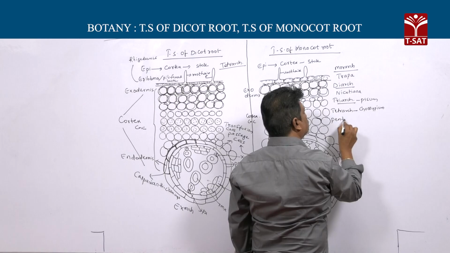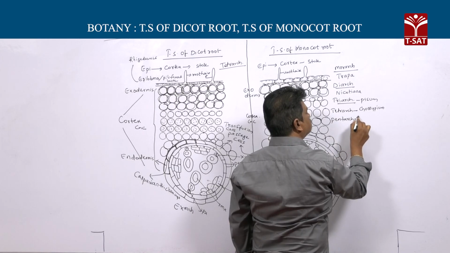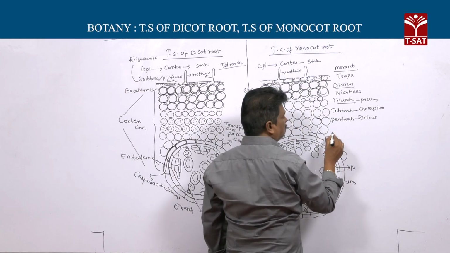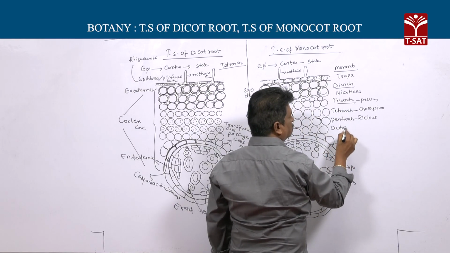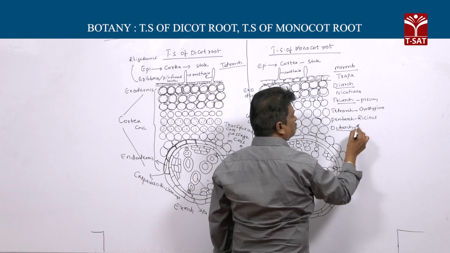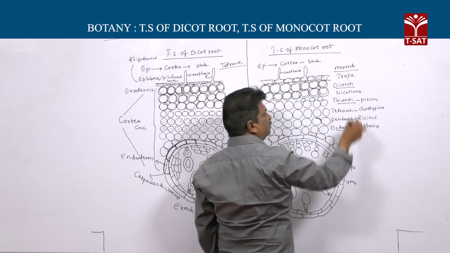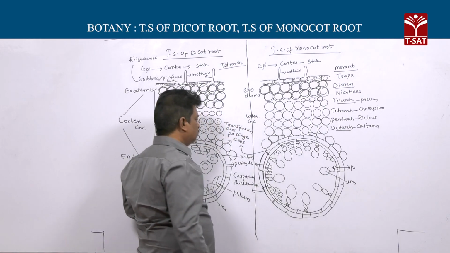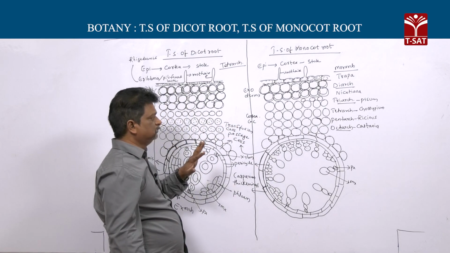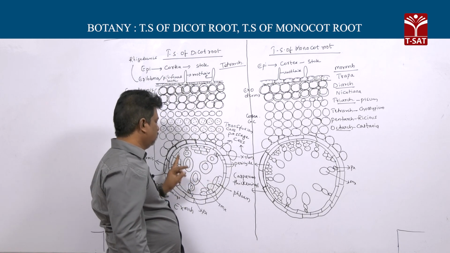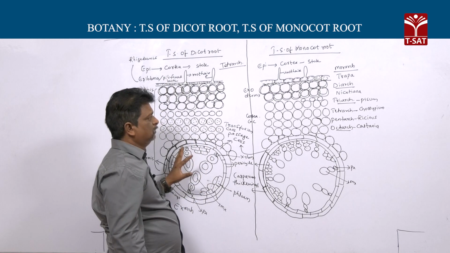Pentarch, 5 vascular bundles. Example, Ricinus, castor. Octarch, 8 vascular bundles. Example, Castanea. These are exceptional in dicots, but most common is tetrarch. But here it is triarch, 3 vascular bundles.